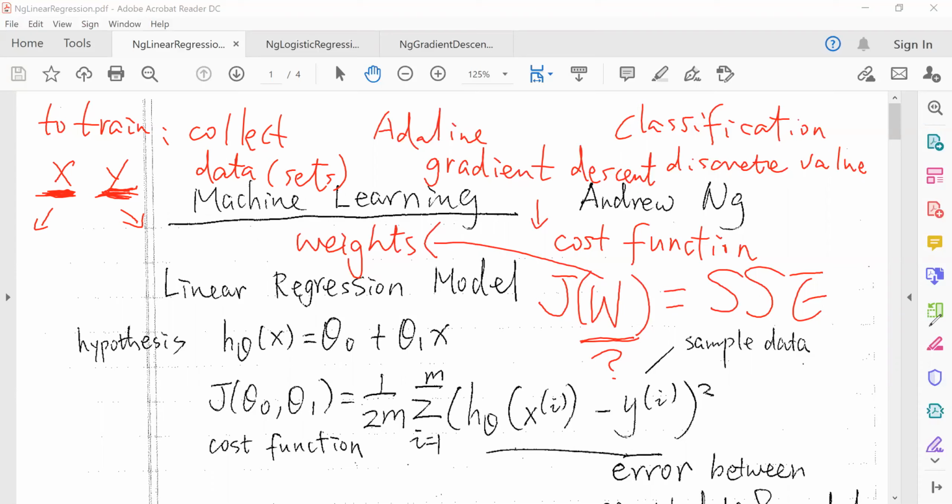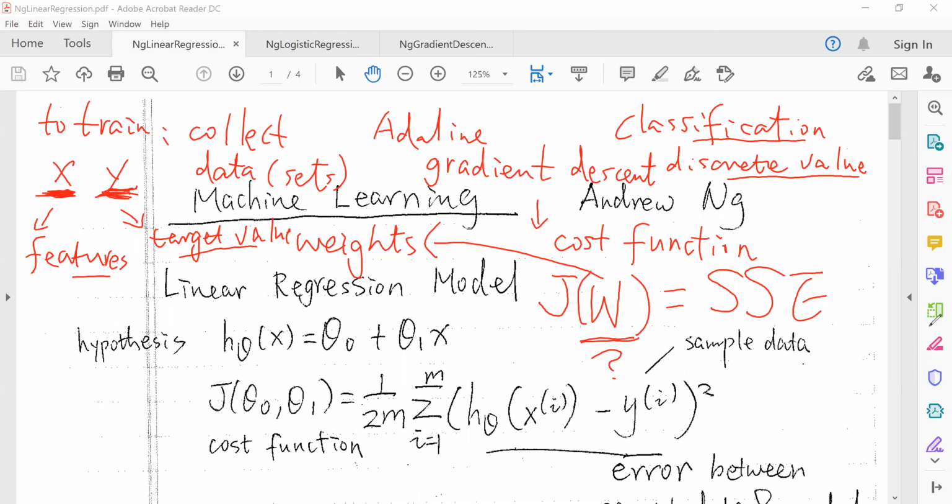So X is the features, and Y is the targets. And we said the supervised classification training is regarding discrete values. That the target value is not a continuous value. It's some categorization, class. And we need to collect features.